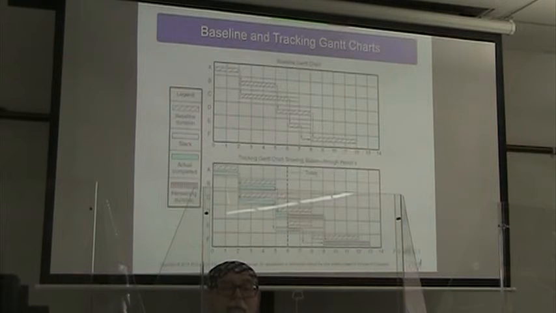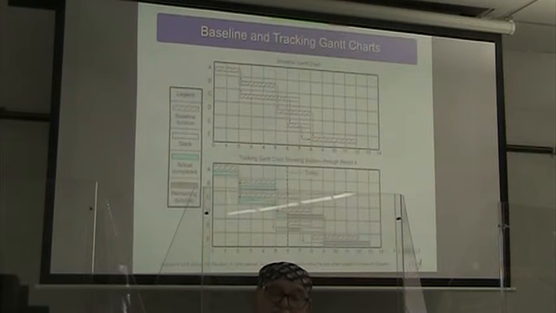All right, so we have our baseline and tracking Gantt charts. Here we see our baseline Gantt chart, right? We have activity A, running for 2 time periods. Then once that is done, it drops down to B and C. B is running for 3 time periods, while C is running for 4 time periods.